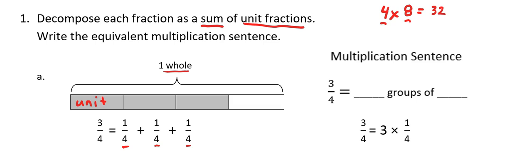So when we write our multiplication sentence, the first factor is going to tell us how many groups we have. Since we have 3 groups of 1/4, we will write 3 groups of 1/4, and that shows the multiplication problem 3 times 1/4. 3/4 is equal to 3 times 1/4.